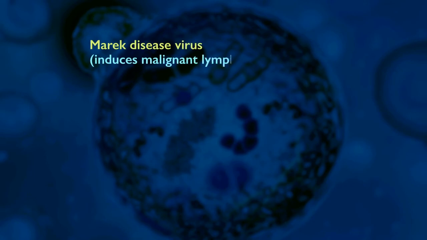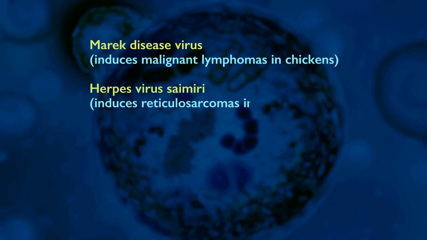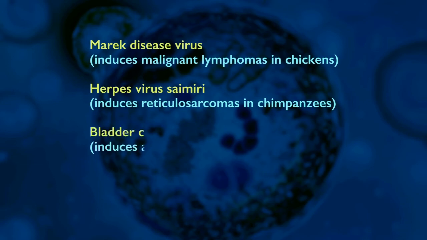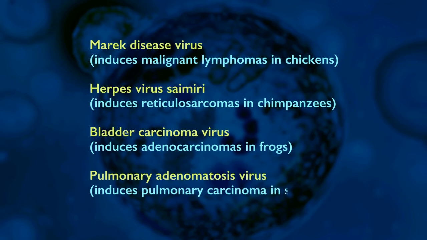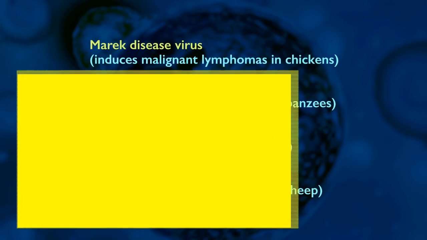Examples include the Marek's disease virus, which induces malignant lymphomas in chickens, herpesvirus saimiri, which induces reticulosarcomas in chimpanzees, the bladder carcinoma virus, which induces adenocarcinomas in frogs, the pulmonary adenomatosis virus, which induces pulmonary carcinoma in sheep, etc.